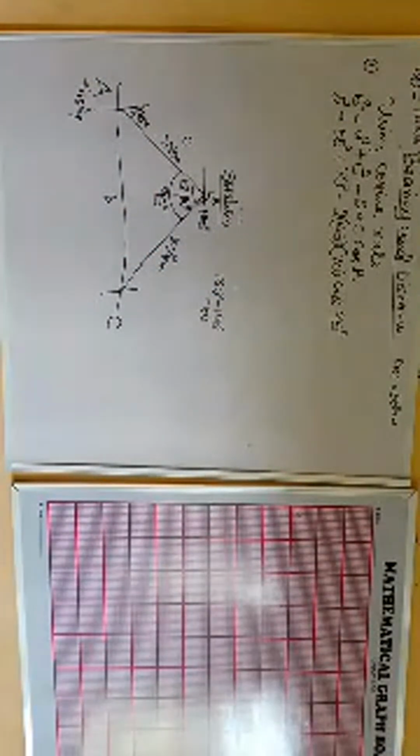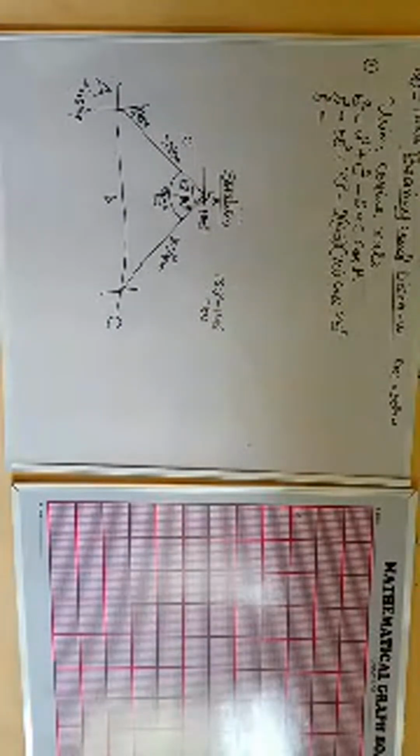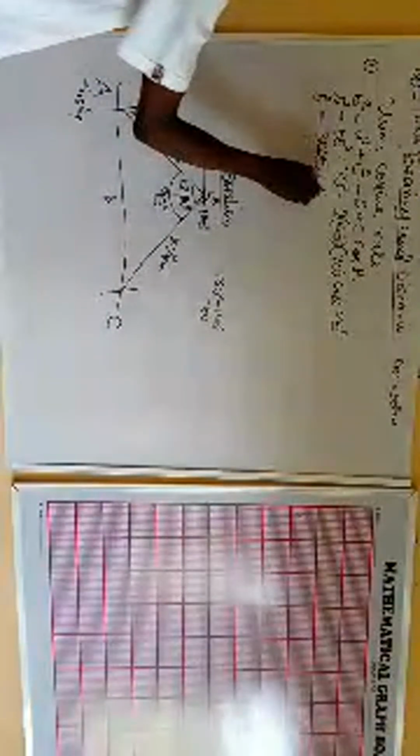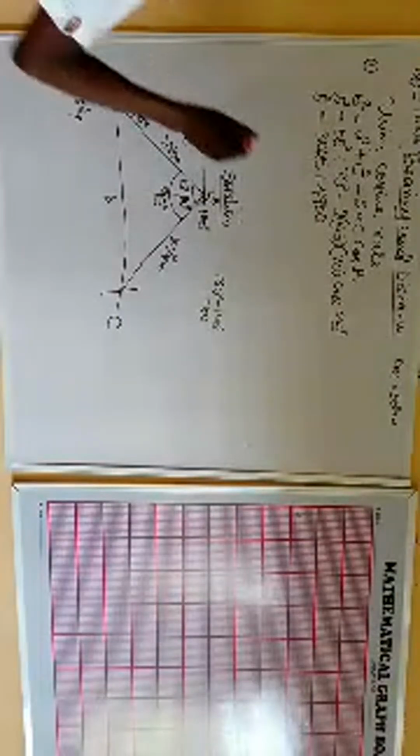So we can now say, what is 55 squared? 55 squared simply means 55 times 55. It will give us 3025. What is 70 squared? It gives us 4900. And what is 2 times 55 times 70?